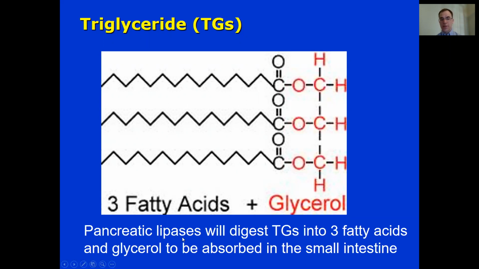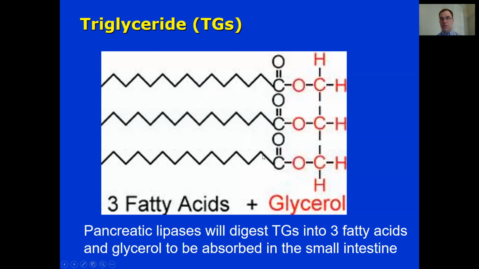In this case, it's a lipase from the pancreas that starts to break away these fatty acids from the glycerol backbone. When one is taken away and you're left with 2 attached to the glycerol, that's called a diglyceride. And when you take 2 of these fatty acids away from the glycerol backbone, it's called a monoglyceride. So the idea is that the pancreatic lipases will come in and chew this apart, or take it apart.